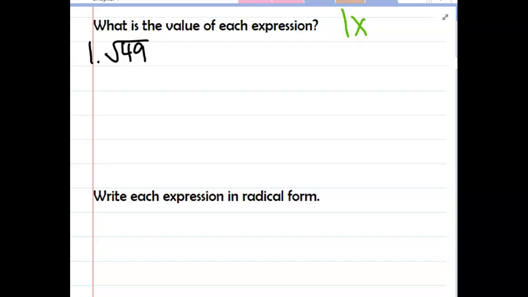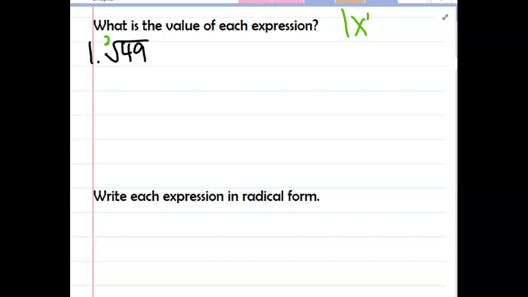And if you don't see an exponent, it's a 1. So in those cases, if it's an invisible 1, we just don't normally write it. With a radical, if you don't see an index, it defaults to a square root, which means the index is a 2.